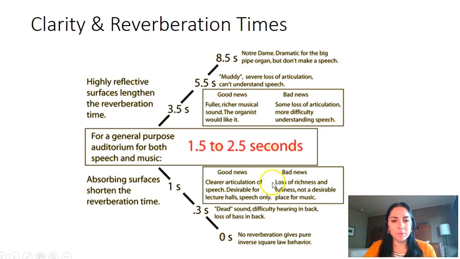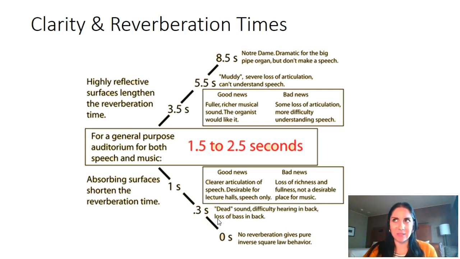And then vice versa, going the other way on this chart here. Absorbing surfaces shortens the reverberation time, so you get clearer speech. But then you start getting this thing called dead sound.